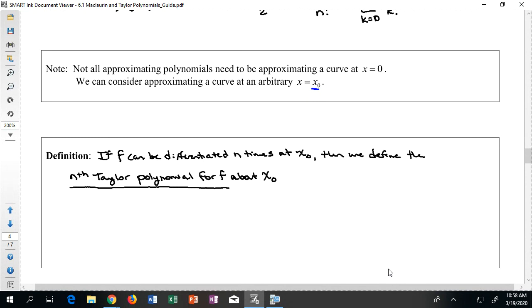This is a very long title. An nth Taylor polynomial for the function f about or centered around x0. We define that to be the following.